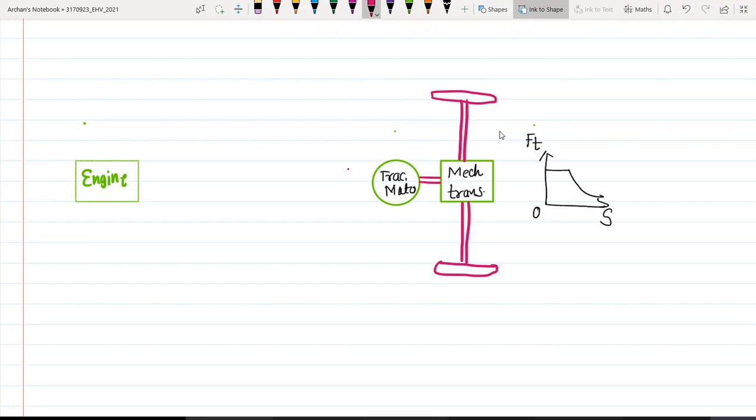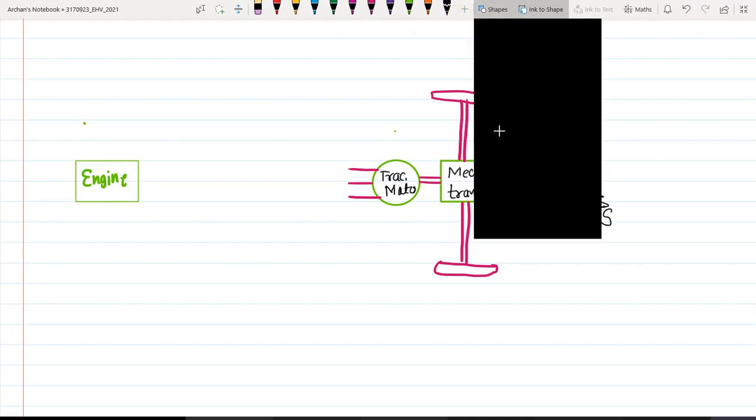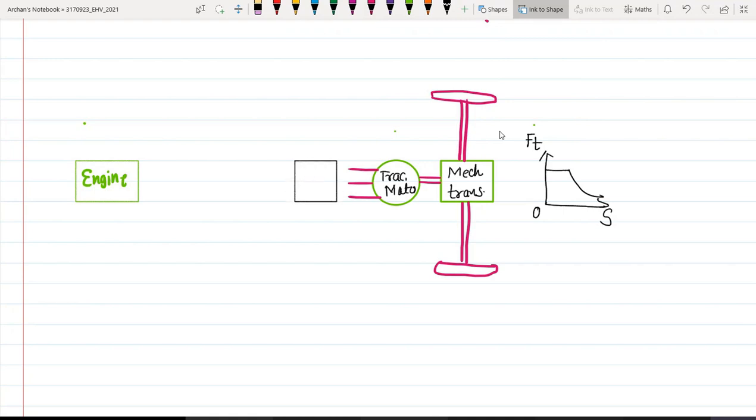So to control the speed of this motor, we require some converter, which is known as motor controller. So we will have one motor controller over here. This is my power electronic controller, motor controller.